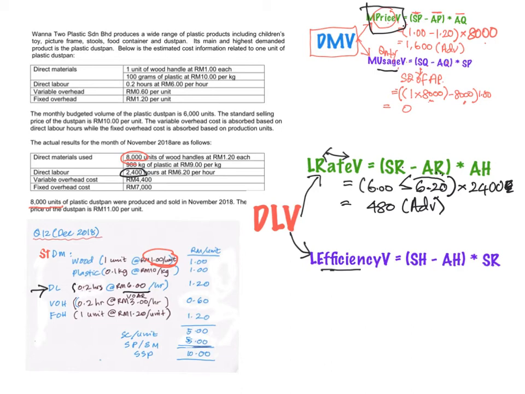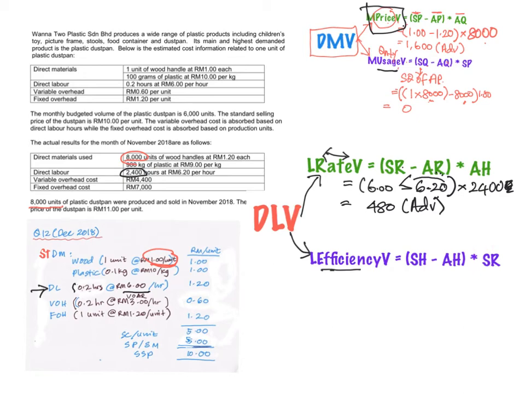Okay, so we look at labor efficiency variance. For labor efficiency variance, we are actually talking about something similar to material usage variance. We are comparing standard quantity with standard hours, actual quantity with actual hours, and standard price, we put it as standard rate.